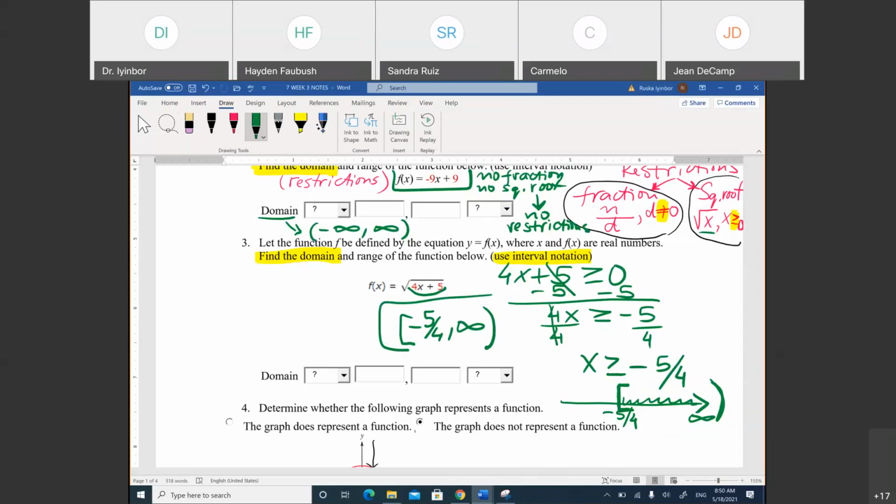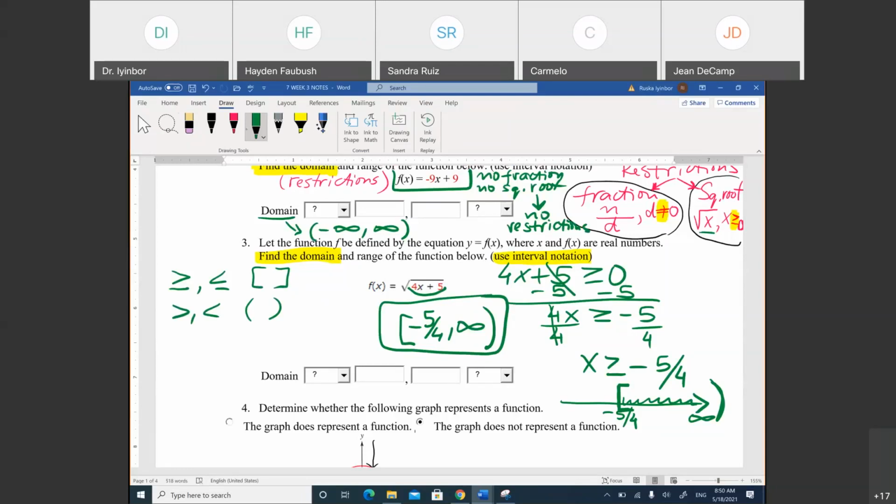Now, let me explain what the rules are for parentheses and brackets. If you have greater or equal, or you have less or equal, if you have the equal symbol, you're going to use brackets. Okay? If you have greater or less, you're using parentheses. If you don't have equals, it's parentheses.